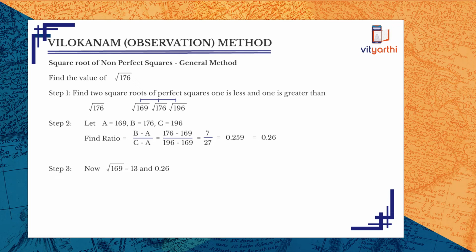In step 3, we add 0.26 to the lowest perfect square, root 169, which is 13. So 13 plus 0.26 is 13.26, and this is the approximate value of root 176.